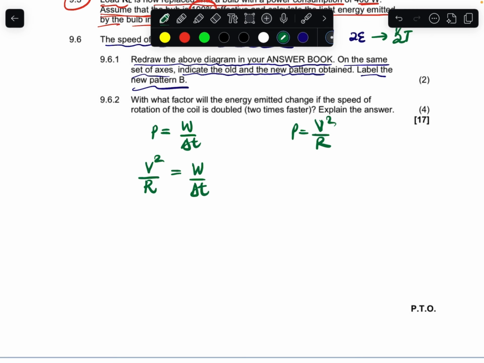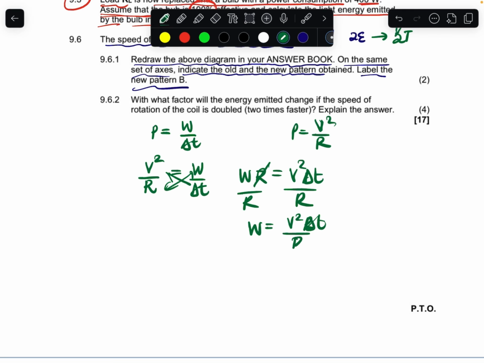So when we cross multiply here, we're going to have W is equal to V squared times change in T over R. We divide by R there, so we have W is equal to V squared times change in T over R.